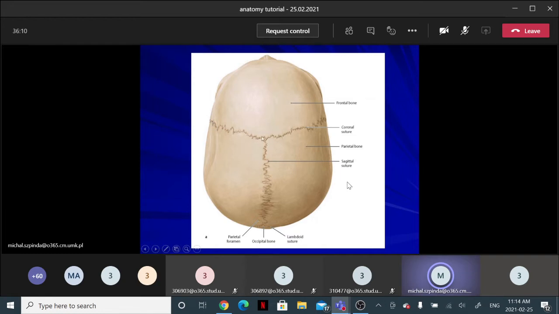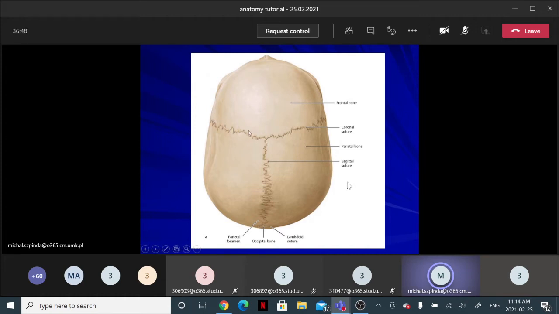So sutures are typical of the skull alone. As you can see, all the sutures are dentate in shape. The borders are dentate and acute and interdigitate. Such a suture is called a dentate suture.